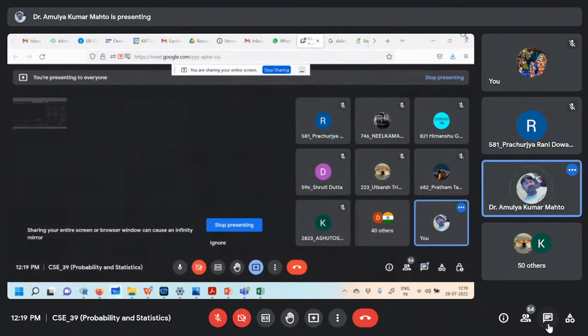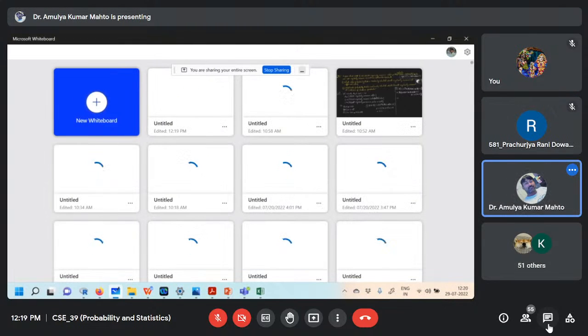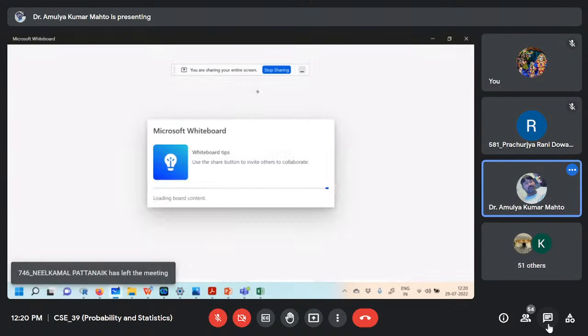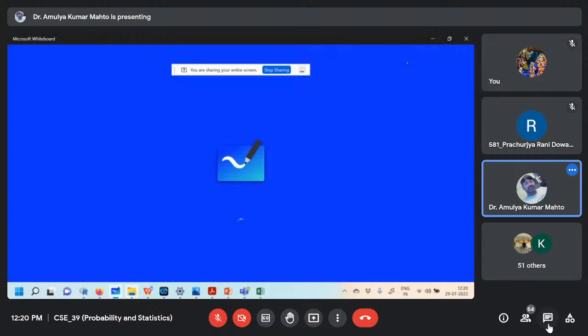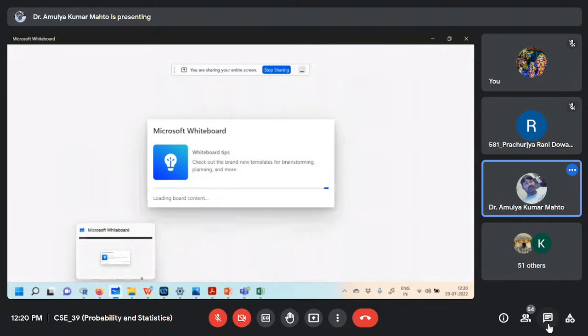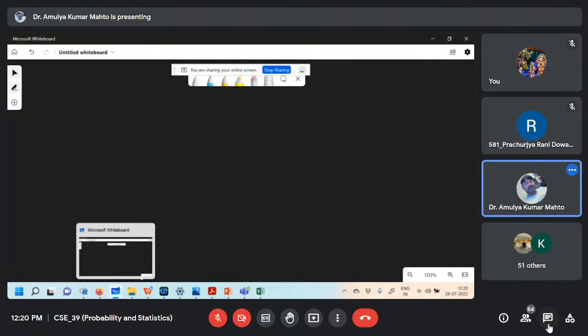So next is probability of next event, D. Event is A1 dash intersection A2 dash intersection A3 dash.